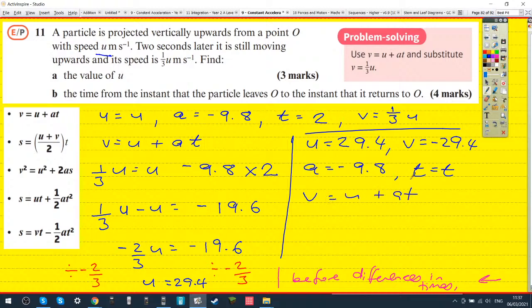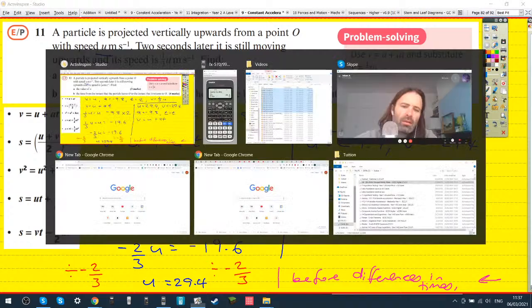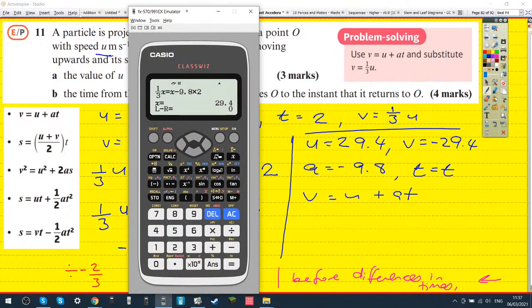So it'd be minus 29.4 equals 29.4 plus A, which is minus 9.8. And then X. Mm-hmm. I got X as 6. And so time is 6.